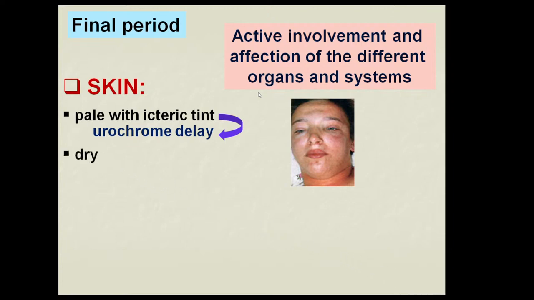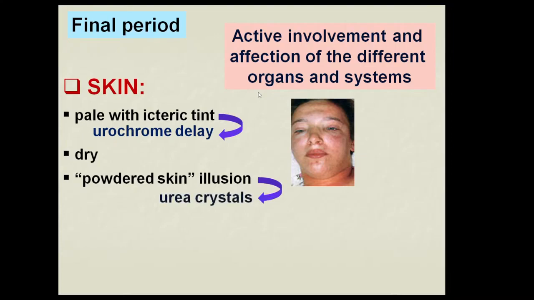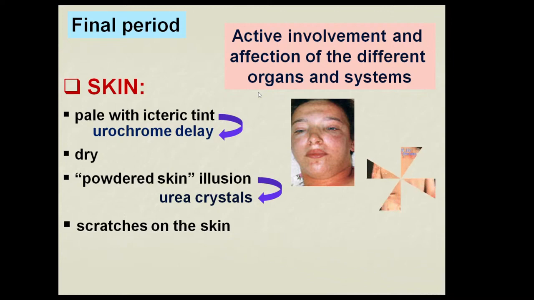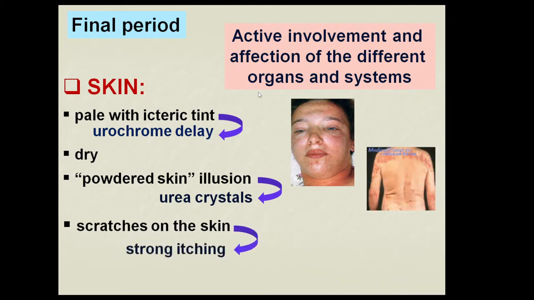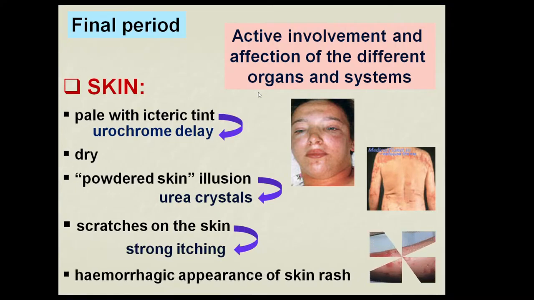Skin becomes dry because urea is absorbed through the skin, and sometimes there will be an illusion of powdered skin. We see urea crystals on the skin. It's manifested with severe skin itching. The doctor sees scratches on the skin. And we can see hemorrhagic rashes on the skin due to involvement of vessels and increased permeability of peripheral vessels.